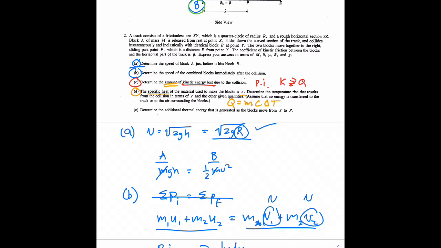If you want to attempt this problem on your own to try to figure out what the temperature change is, if you're given the specific heat, you're welcome to try it, but we would actually reserve that problem for study of physics 4C in another semester. But we can answer part E, determine the additional thermal energy that's generated as we move from point Y to point P. Let me clean up the document a little bit.